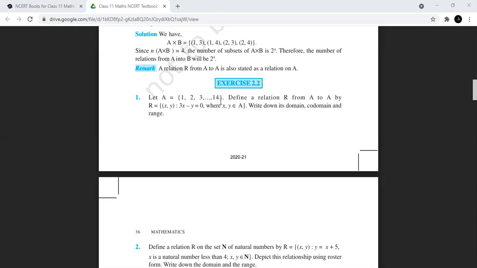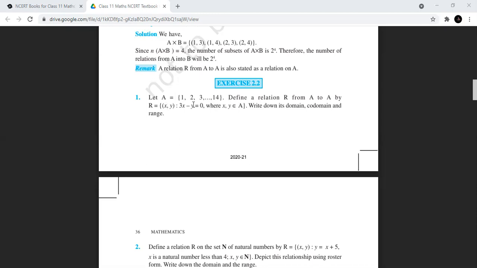Then you put x as 2, the second entry from A. So y will be 3 into 2, 6. So 2 comma 6. Next, if you put 3, it would become 3 comma 9. Next, 4, 4 comma 12. We are finding the multiples, 3 into that value, right? Then if you put 5, it will become 3 into 5, 15. But we cannot take this entry. Why? Because 15 is not from set A. So we have to make sure the image has to be a subset of the codomain. And here what is your codomain?